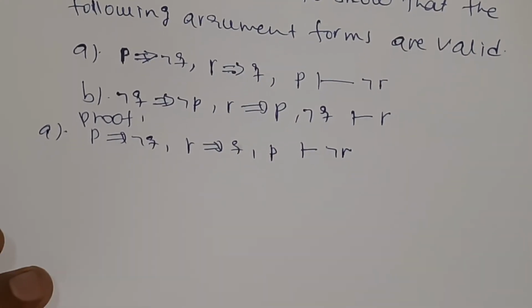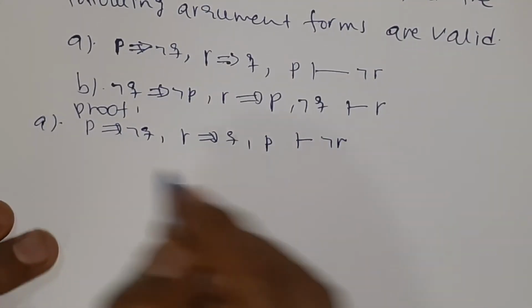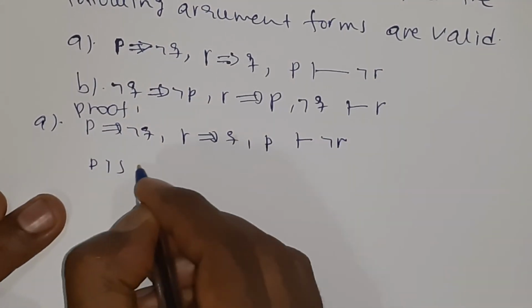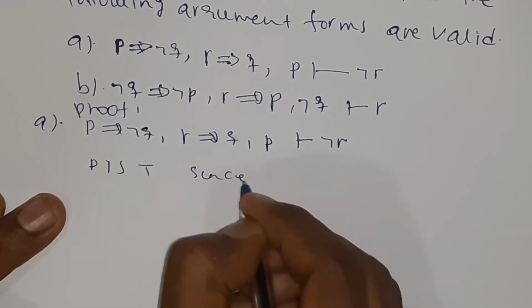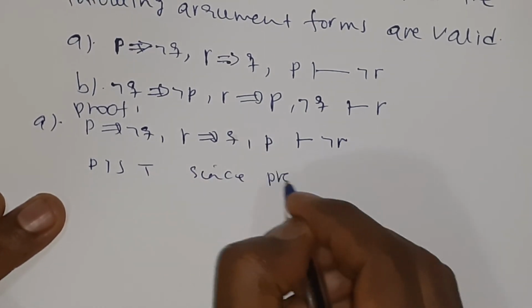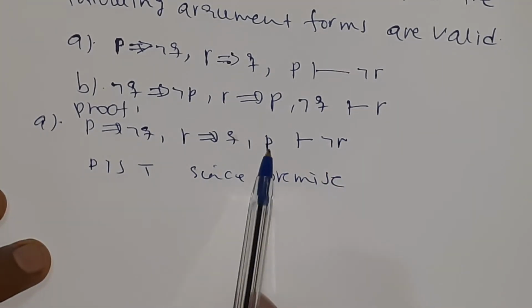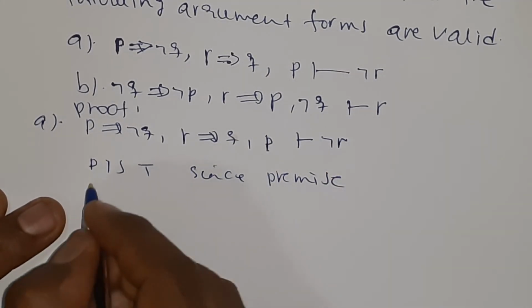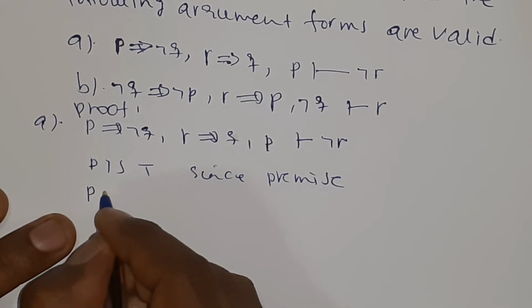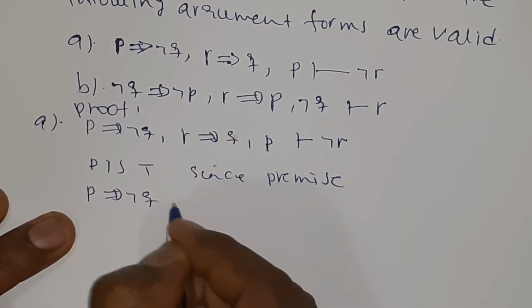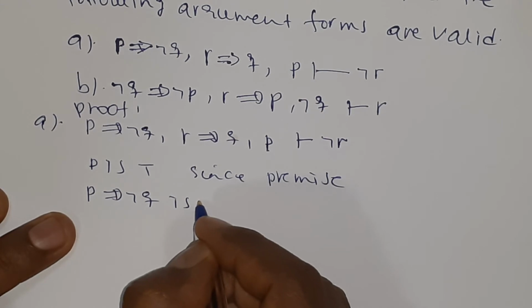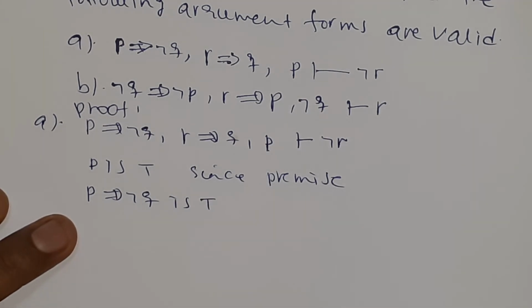Therefore, let us start from this one. We know that P is true since it is a premise. Then if P is true, we have again the first premise, that is P implies negation of Q is true, since it is again a premise.